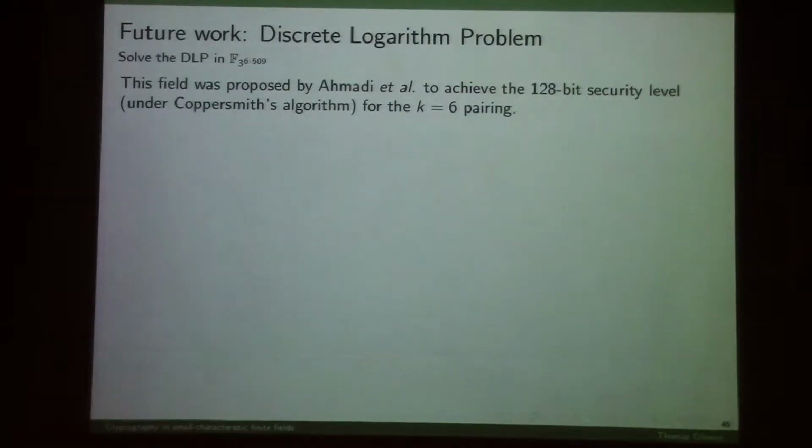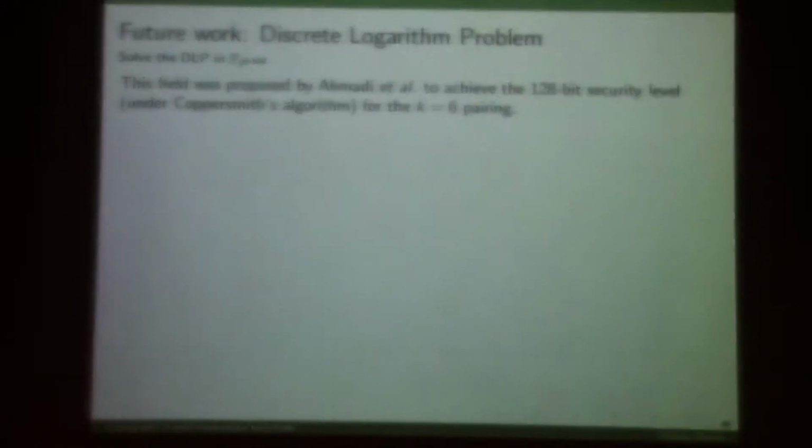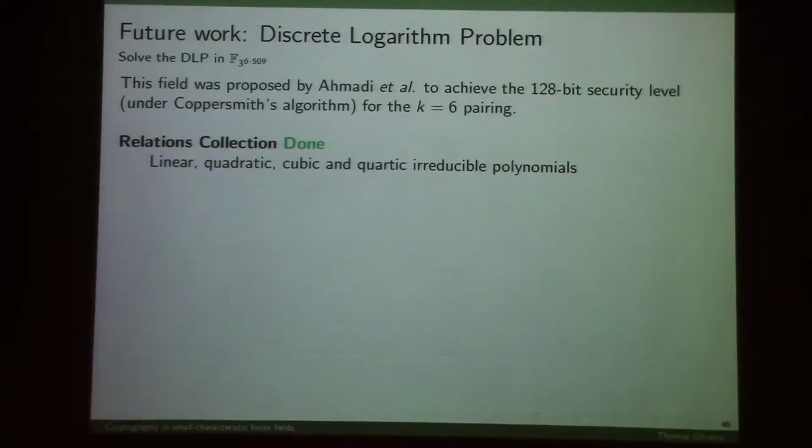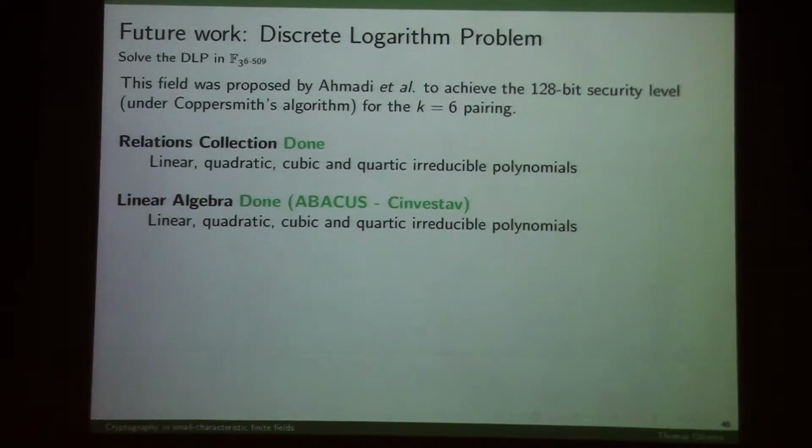And for the logarithm, we are now practically trying to solve this DLP over 3 to the power of 6 times 509. As I said, this field was proposed by Ahmad et al. to achieve 120 bits of security under the Coppersmith algorithm. We already did the relations collection in a single step. We did the linear algebra of the linear, quadratic, cubic, and quartic irreducible polynomials thanks to the supercomputer Abacus.